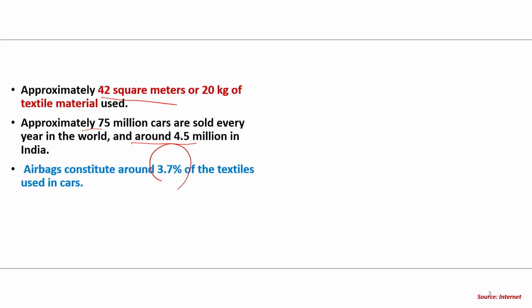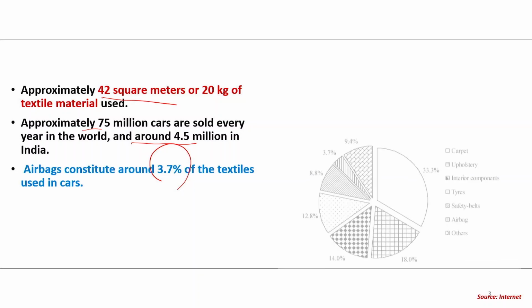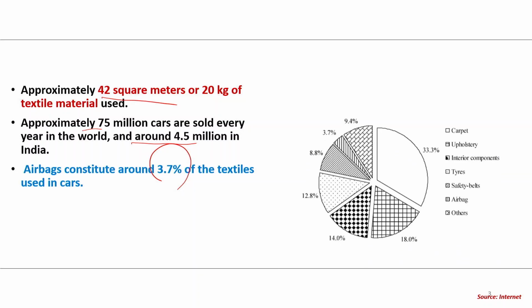So, airbag is a very specialized textile material. Among the 42 square meters, the textile materials consist mainly of carpet, upholstery, interior components, tire, safety belts and airbag. Airbag is typically around 3.7%.